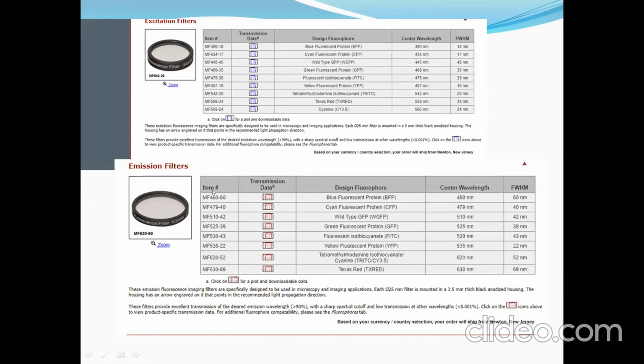In that case the emission filter you get is at 460 nanometer. Can you get the point? For blue fluorescent protein, you are getting 390 nanometer for excitation, and for emission they are suggesting 460 nanometer.